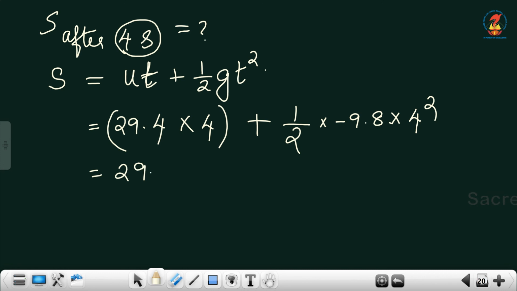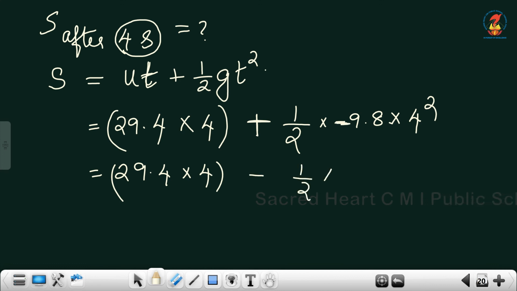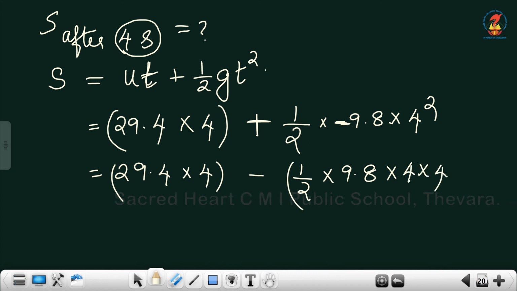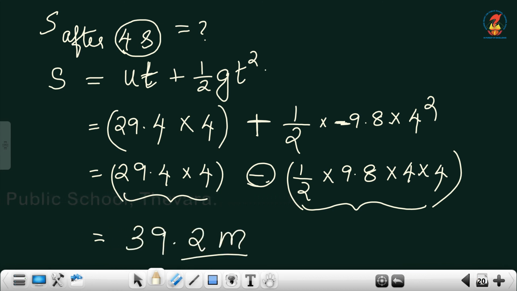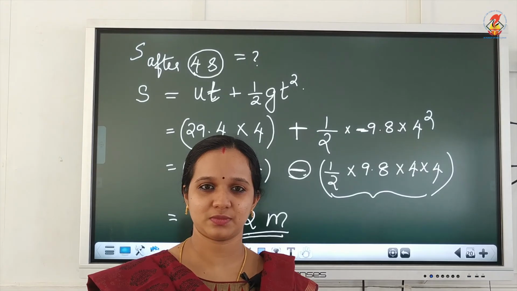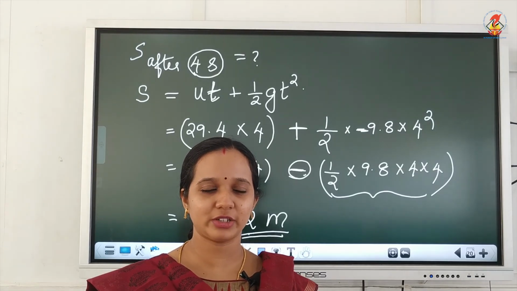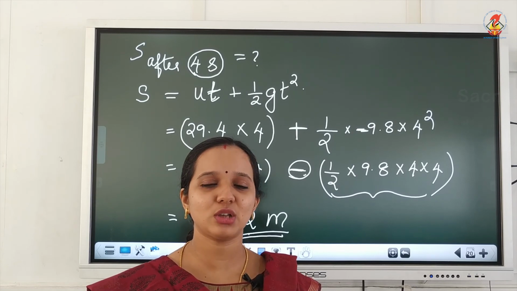That is 29.4 into 4 minus half into 9.8 into 4 into 4. Simplify both the terms and subtract it. You will get the answer as 39.2 meters.